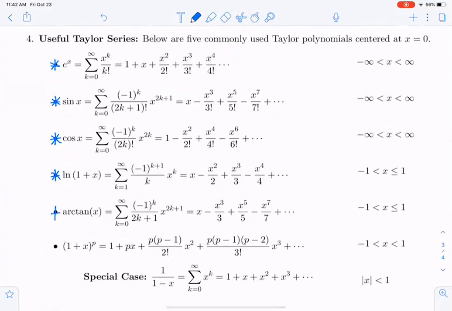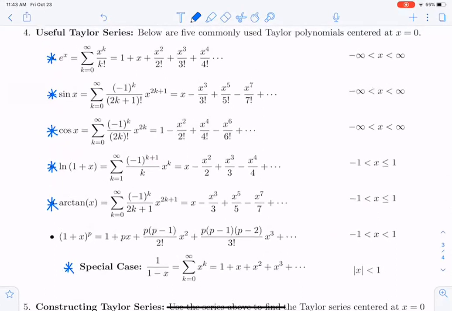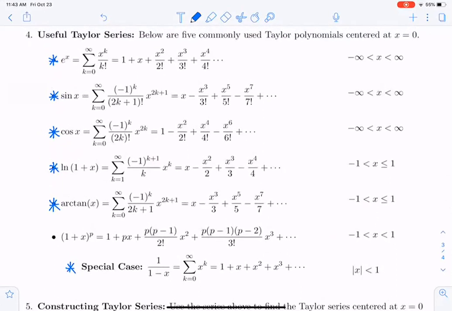Arctan of x we found in a previous class, so that one's very, very useful. And finally, this special case is very, very useful. That special case is the geometric series, which you've shown before. Okay, so those are the important Taylor series centered around x equals 0, and we'll be using them a lot.